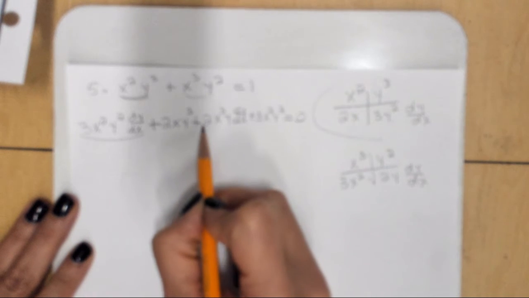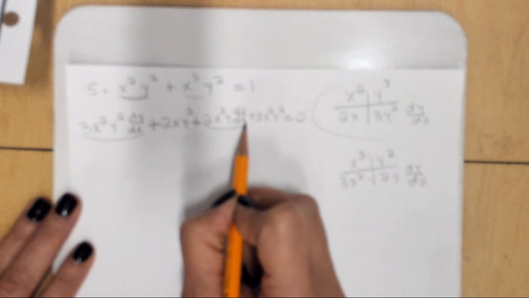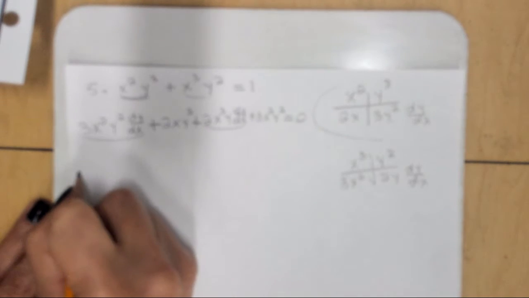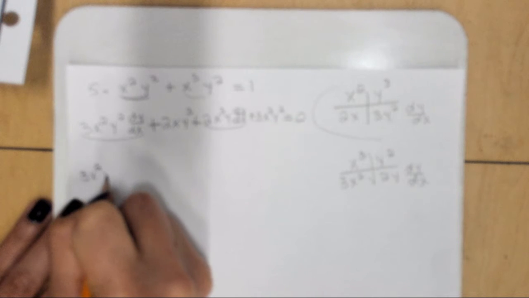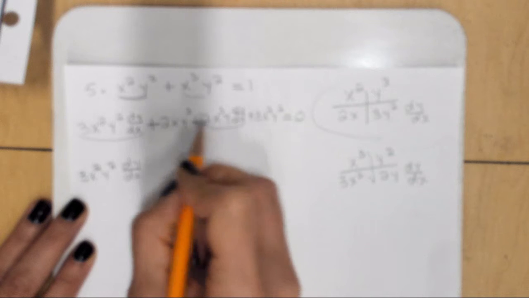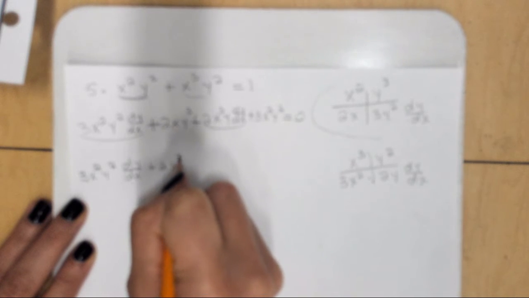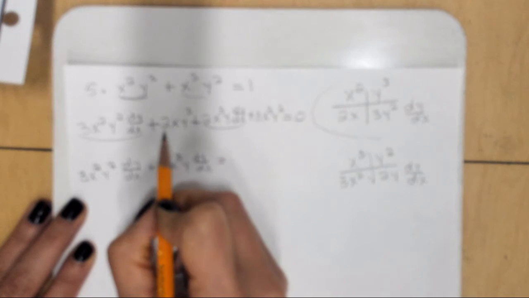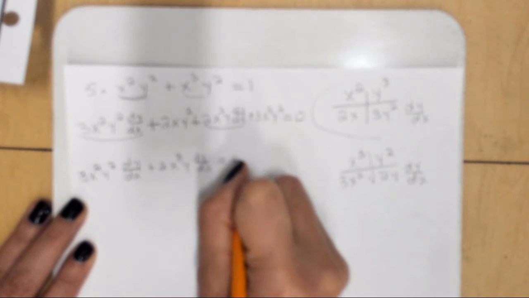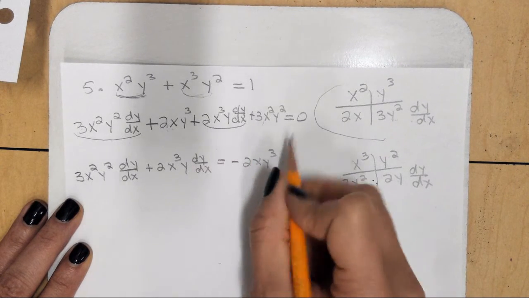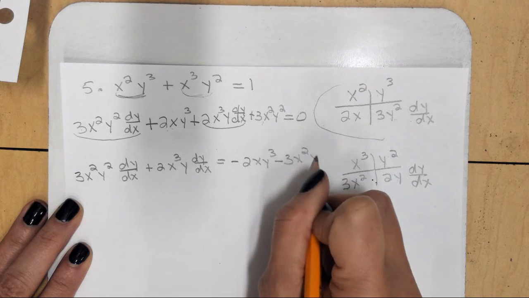Okay, so this term has a dy dx, this term has a dy dx. So these other terms I'll move over to the right. So on the left, I'm left with 3x squared y squared dy over dx, plus 2x cubed y dy over dx equals, I subtracted this guy over, so negative 2xy cubed, and I subtracted this guy over, so minus 3x squared y squared.